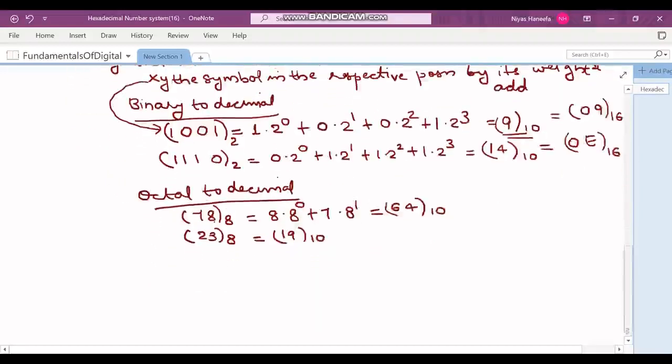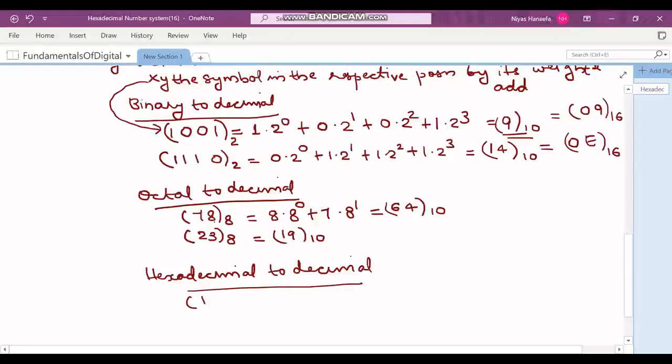Similarly, if you want to convert hexadecimal to decimal, again the procedure is the same. If you have a number like 12 in hexadecimal, what is the value? 2 into 16 raised to 0, plus 1 into 16 raised to 1.